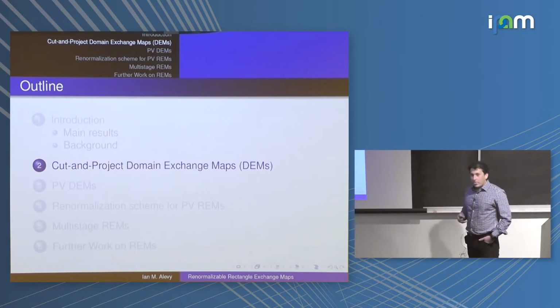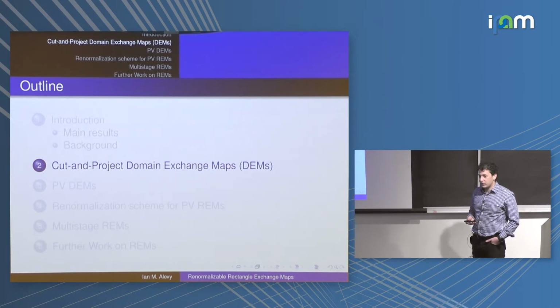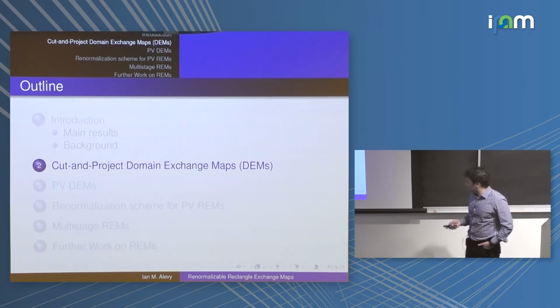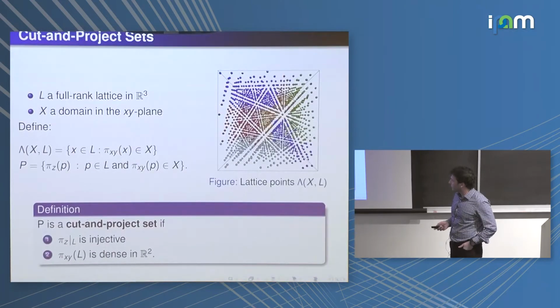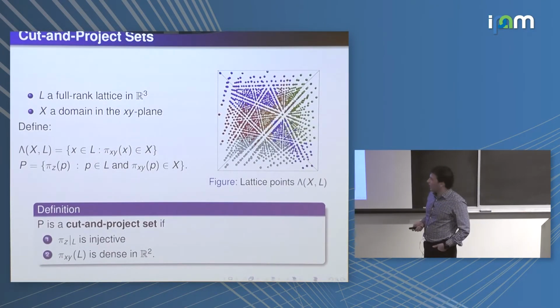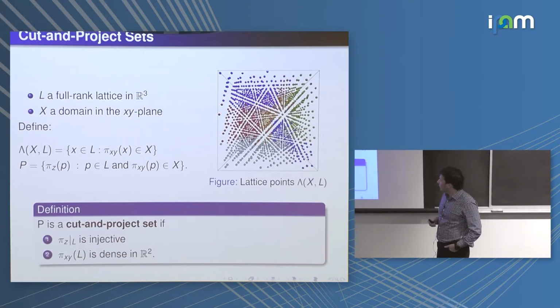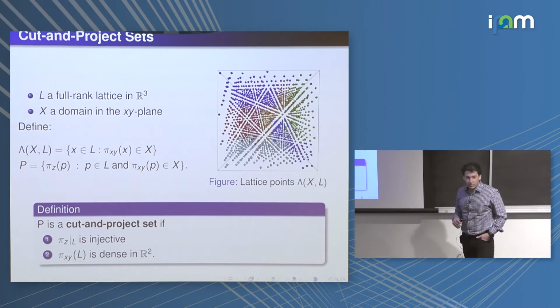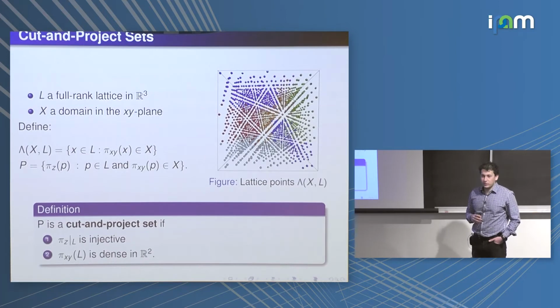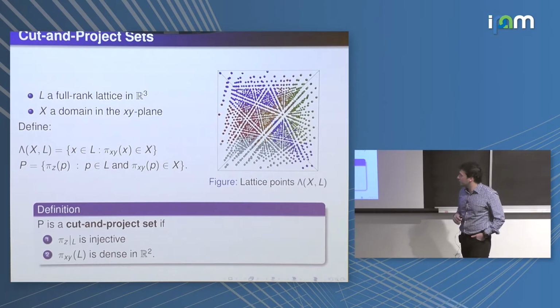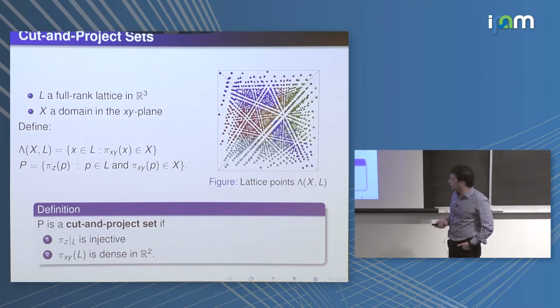So now I'll explain how we can use cut and project sets to construct these DEMs on any smooth Jordan domain. So we take a lattice L in R3, which is full rank, and we're usually going to want it to be some kind of irrational lattice. And we'll take X to be a domain in the XY plane.